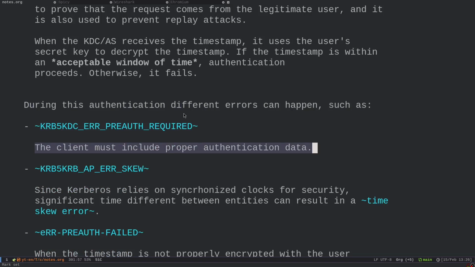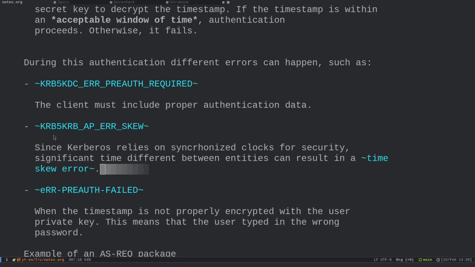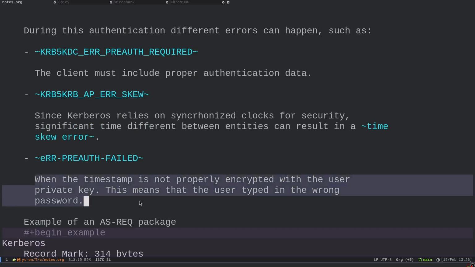This is to avoid AS-REP roasting attacks that we will discuss later on. For example, this other one, KRB_AP_ERR_SKEW, has to do with time synchronization. Since Kerberos relies on synchronized clocks for security, significant time differences between entities can result in a time skew error. And then we find KDC_ERR_PREAUTH_FAILED when the timestamp is not properly encrypted because the user has typed in the wrong password, essentially.